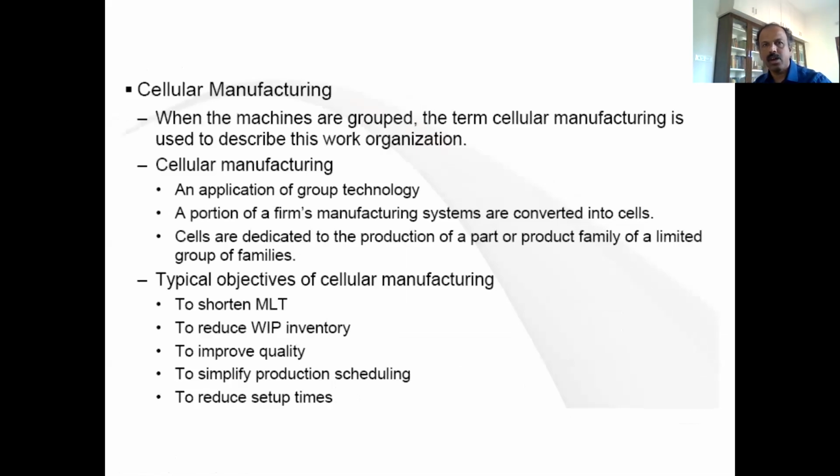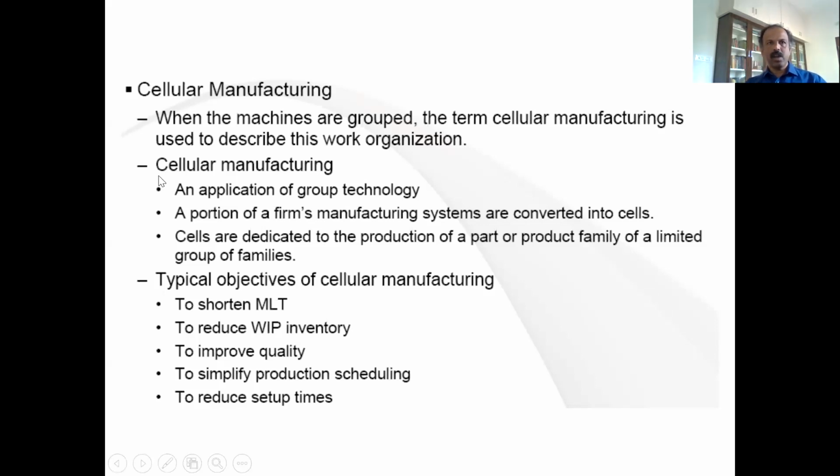Now, as we understood in the very beginning, the implementation of group technology leads to two important things, which are called cellular manufacturing and flexible manufacturing system. Now we'll understand what cellular manufacturing is all about.